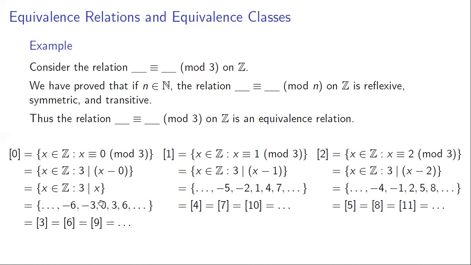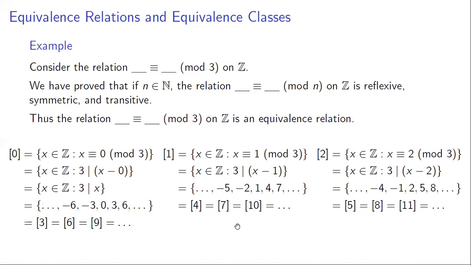So every integer is an element of exactly one of these 3 sets. So we can feel confident that these 3 sets are the only equivalence classes for this particular relation, because every integer falls into one of these 3 equivalence classes.